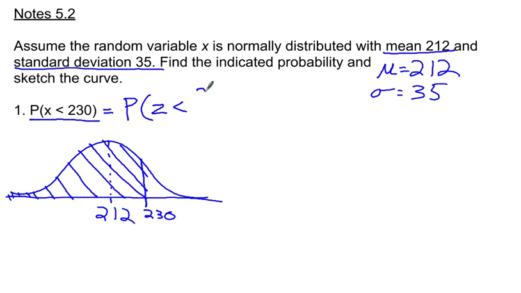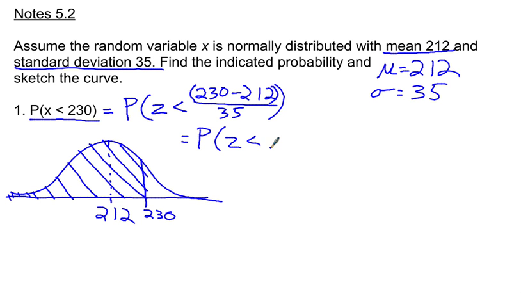So I do my data value, x, minus the mean, 212, all divided by the standard deviation, 35. If you're using a calculator on this, just remember, if you're typing this all in at once, use parentheses around the numerator. And this comes out to a z-score of 0.51. So I rewrite my probability statement with the z-score of 0.51.